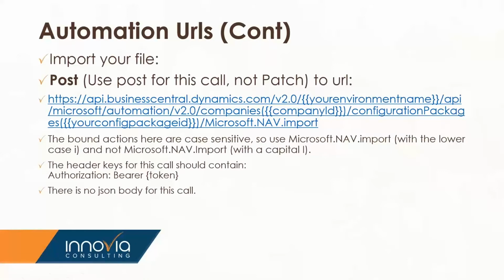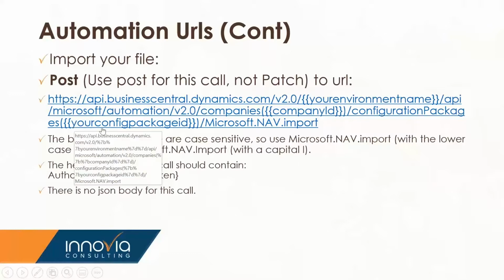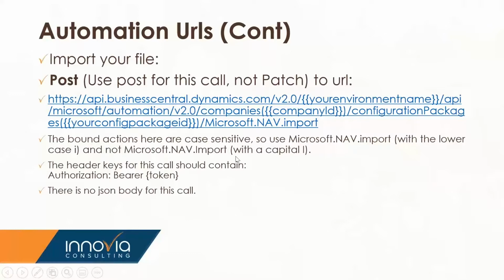Okay. Now, there is another method here. We're going to be using another post to that API, our configuration package API. And you'll notice that when you see a reference like your config package ID, that's the GUID. That's the ID for the configuration package that you've created in the previous steps.